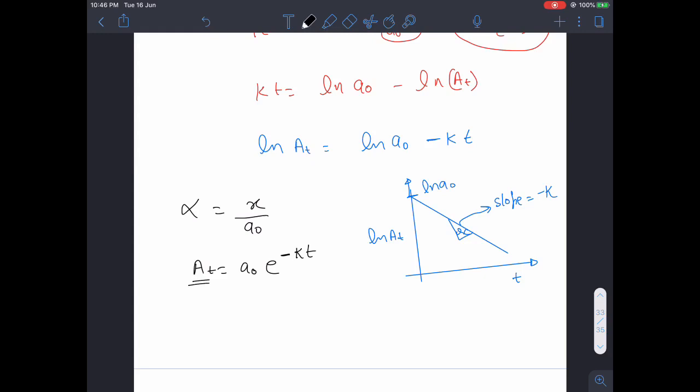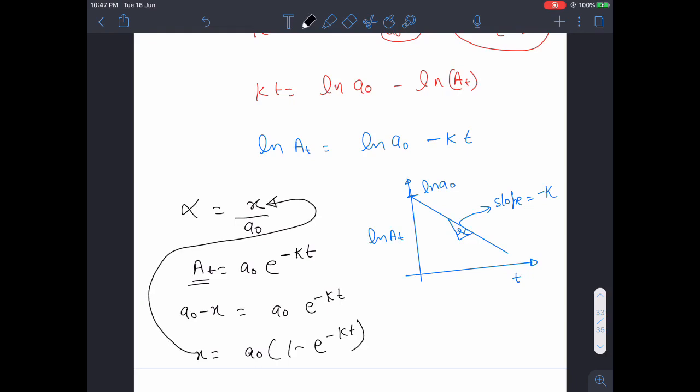And At was a naught minus x, and that is equal to a naught e to the power minus kt. From here x is equal to a naught taken common, 1 minus e to the power minus kt. So just substitute this value over here, you will get alpha value, a naught will be cancelled out, 1 minus e to the power minus kt.